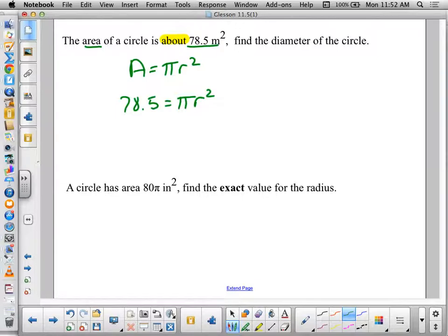Well, now I can divide by pi, which is 3.14, because we're going to approximate that, and I get r squared is 25. So if r squared is 25, then r equals 5, not 12.5. Okay, but is that the answer that we need for the question? No.